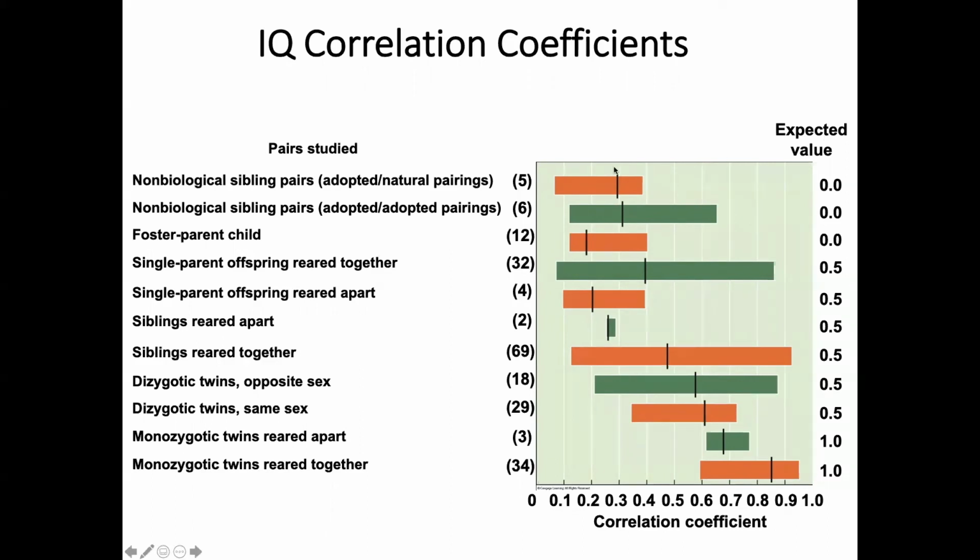The bars show the range of correlation coefficients, and the vertical lines are the mean, like median value. The numbers in the parentheses are the numbers of twin pairs they studied. I wish this figure could also indicate the statistics of significance, which is required for publications these days.